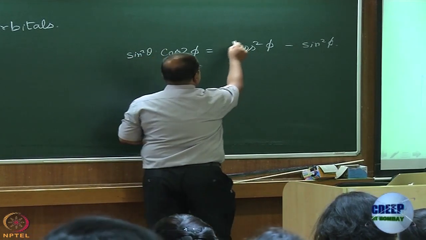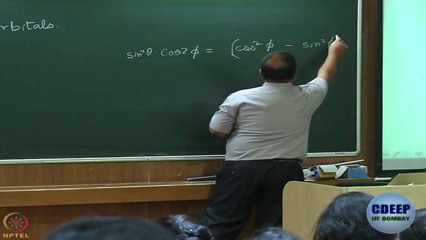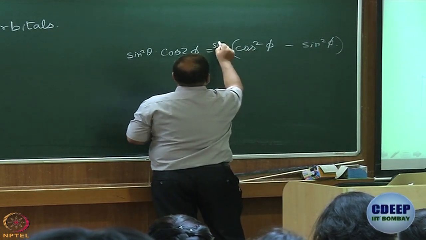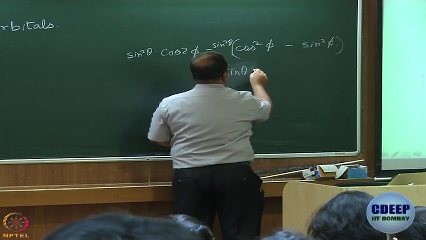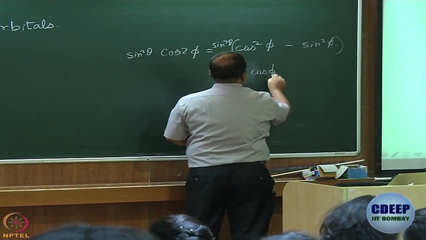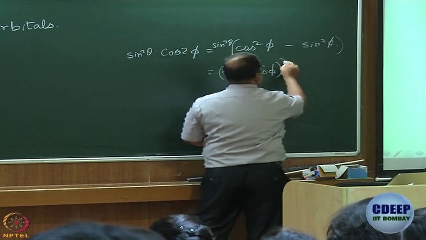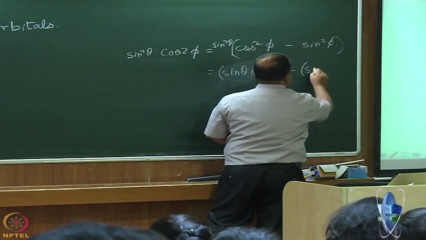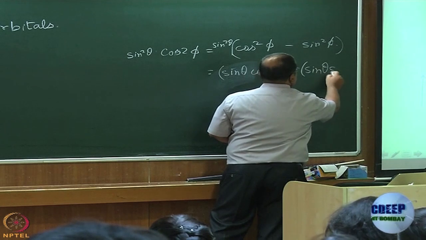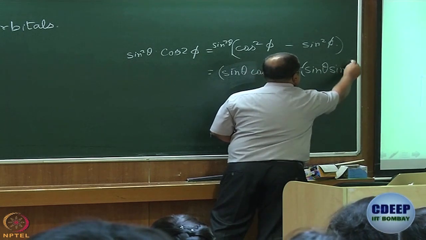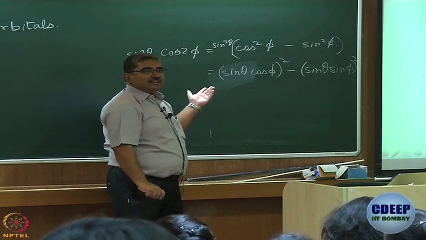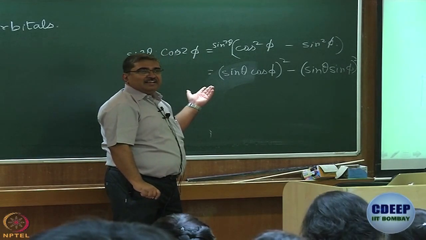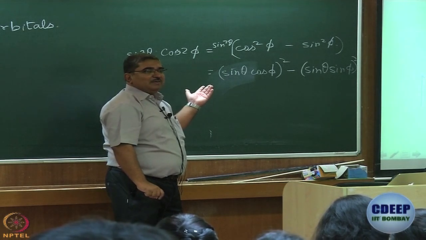So, this whole thing is multiplied by sin square theta, sin theta cos phi whole square minus sin theta sin phi whole square. Now, what is sin theta cos phi?